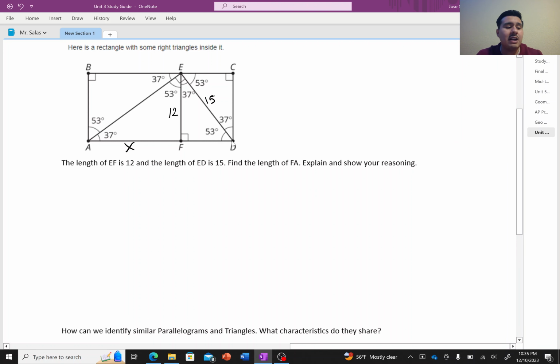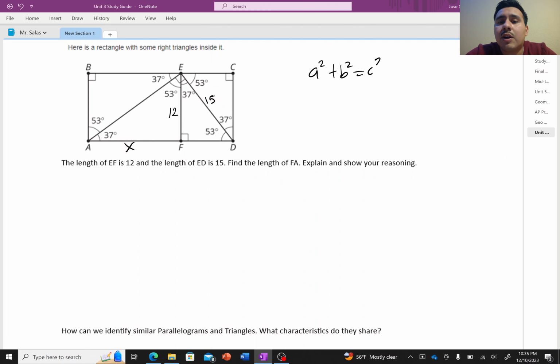So for that one, I can use the Pythagorean theorem, which is a squared plus b squared is equal to c squared. In case you're still lost on whether you have an a, b, or c, think about it like this: leg squared plus leg squared is equal to the hypotenuse squared.